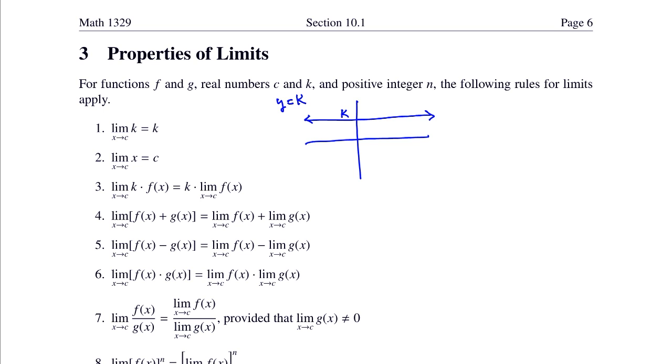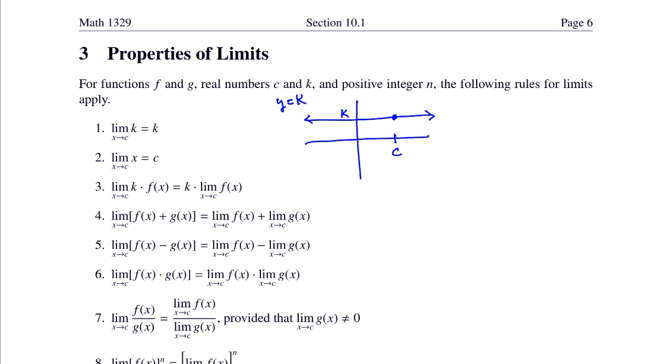The x is going to c, so I'm just going to pick some c value that's on the x-axis. And we're going to look at this point right here. That is the function value above c. If we want to do a limit, we have to come in from the left and from the right.